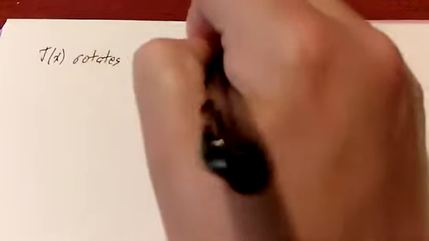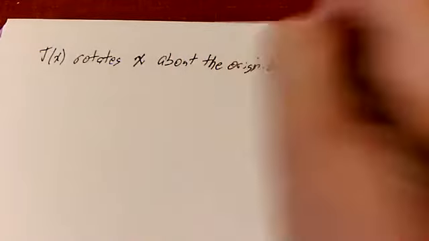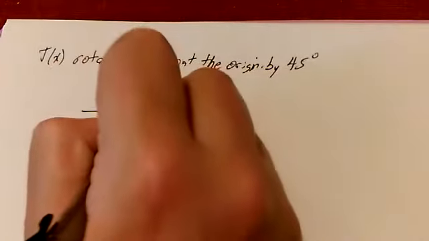T rotates x, again, remember x is a vector, about the origin by 45 degrees. So let's look at what happens here. Again, I have my E1 vector.